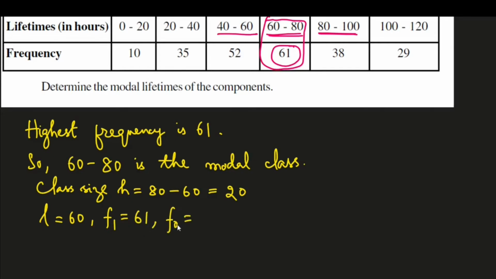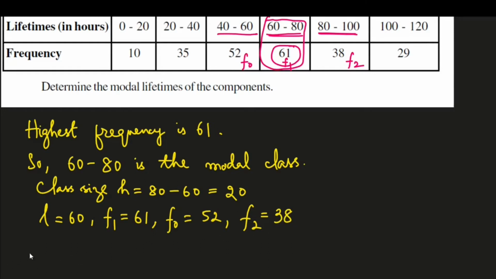F0 is the frequency of class interval preceding the modal class. It is 52. Here, this is F1, this is F0, and this is F2. F2, the frequency of class interval succeeding the modal class is 38.